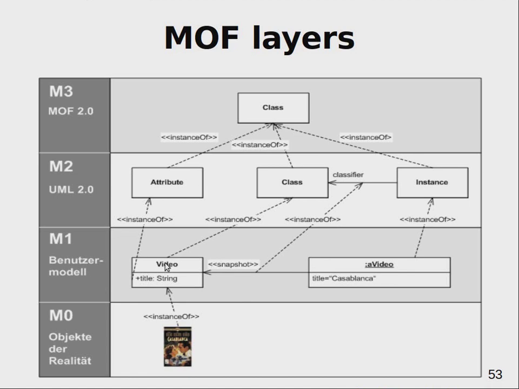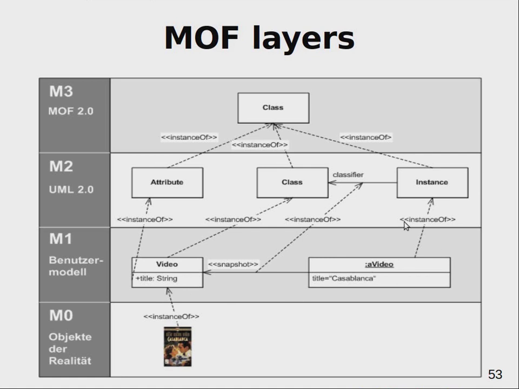And that means that sooner or later you will have some kind of attributes, some kind of classes representing these different kinds of objects, and some kind of instances which actually relate to a particular object.